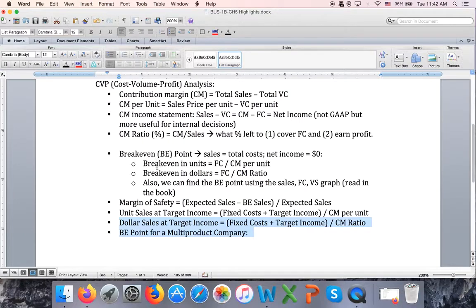Another formula is dollar sales at target income. I want a profit of $50,000. What should be my sales revenue in dollars? This is the formula: fixed costs plus the target income, $50,000, divided by the contribution margin ratio.